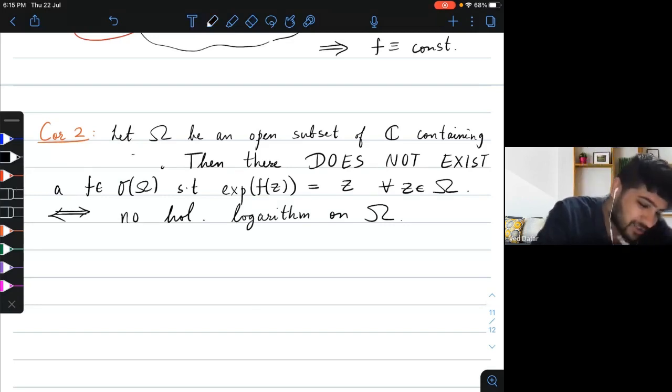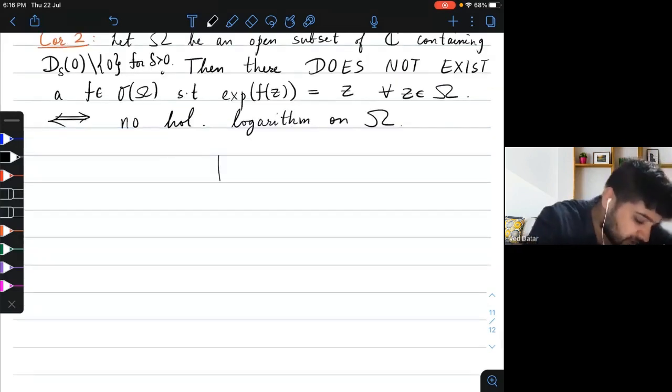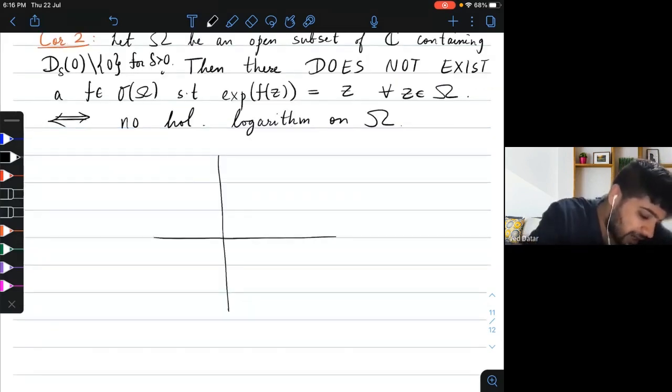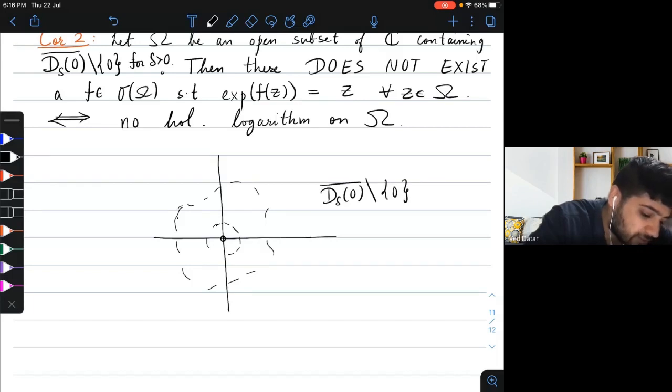So I should say, be an open set in C containing this small disk. Okay, so let me draw a picture. What I mean is that suppose you have some open set that does not contain 0, but it contains this disk closure minus the origin.